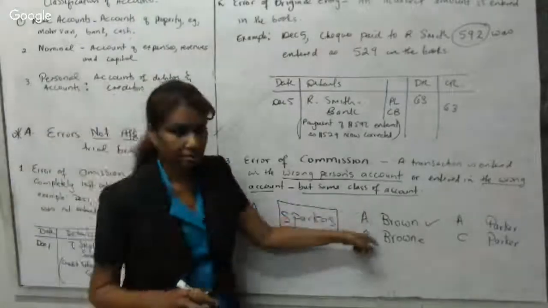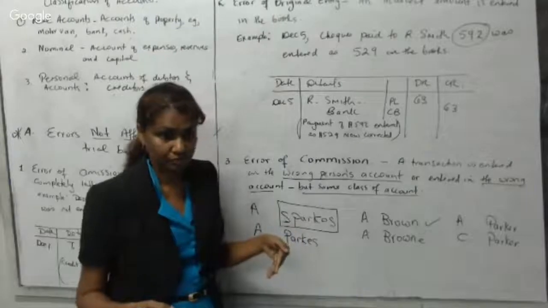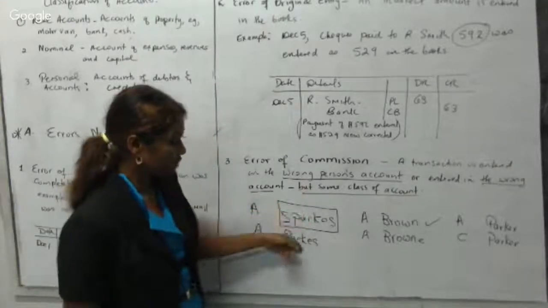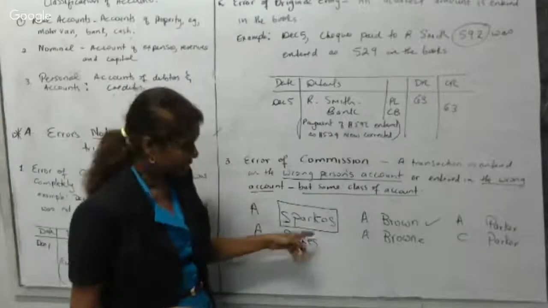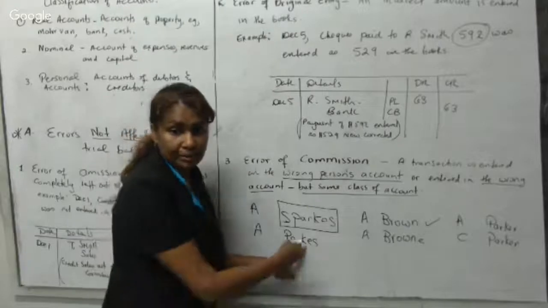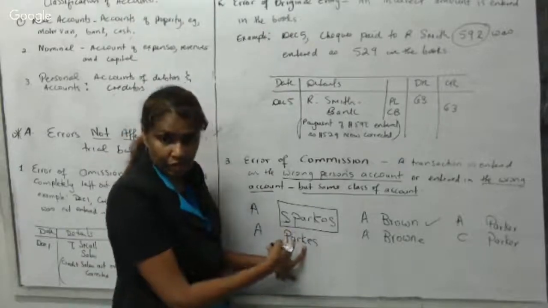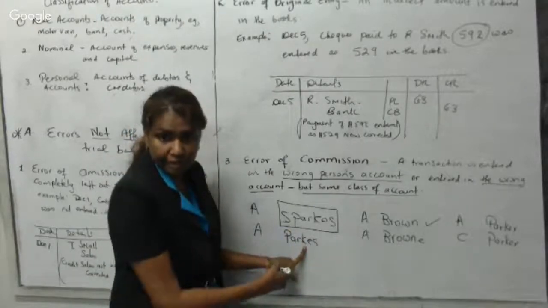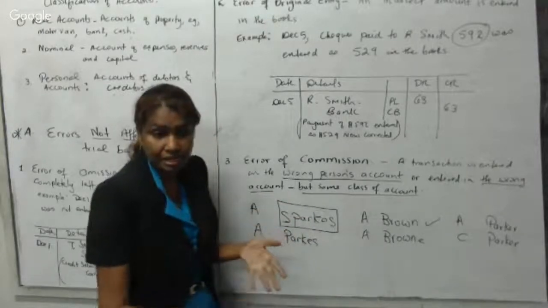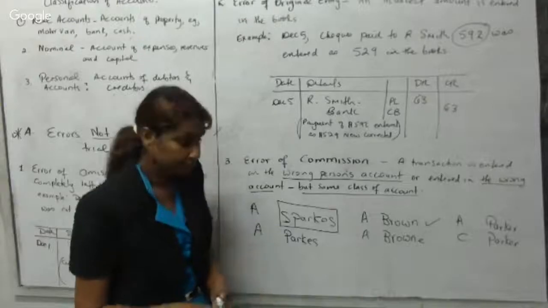Names of people belong to the same class of account. You get what I'm saying? So this is why this is actually an error of commission. The transaction is entered in the wrong account, yes, but the same class of account when you compare it with the account that it really should have been entered in. Both of them are from the same class of account.